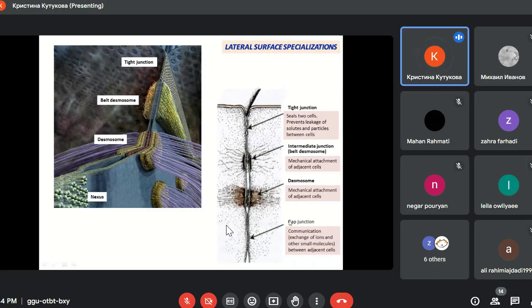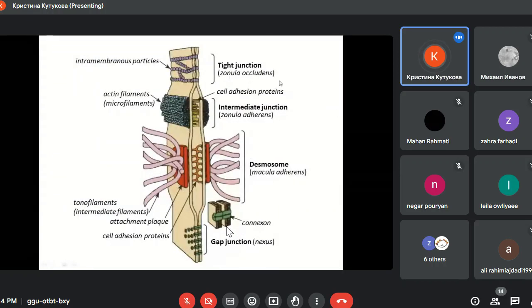So gap junctions are for exchange between the cells of some ions and small molecules.